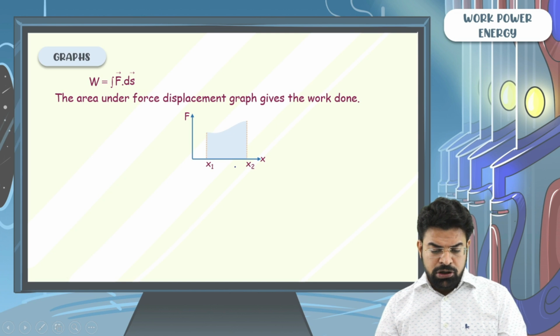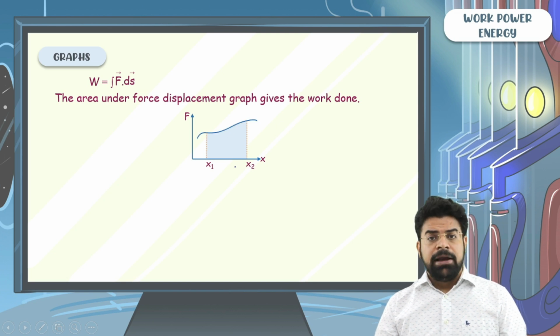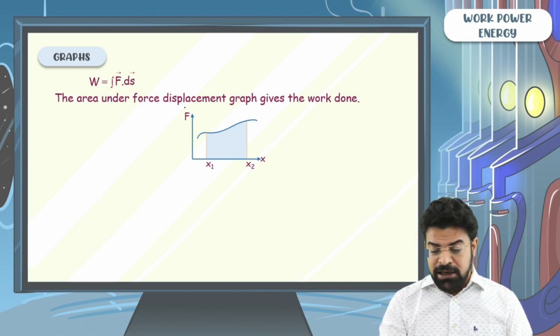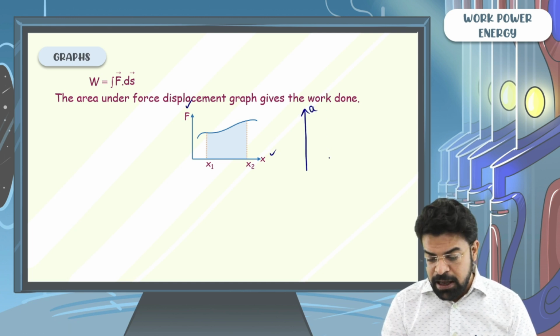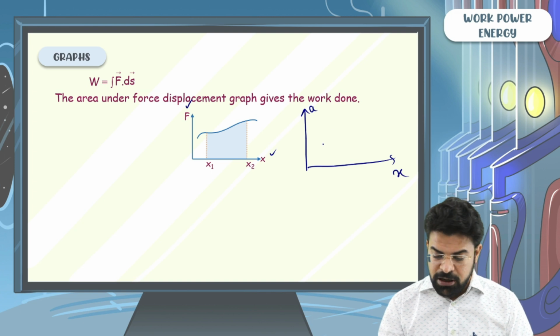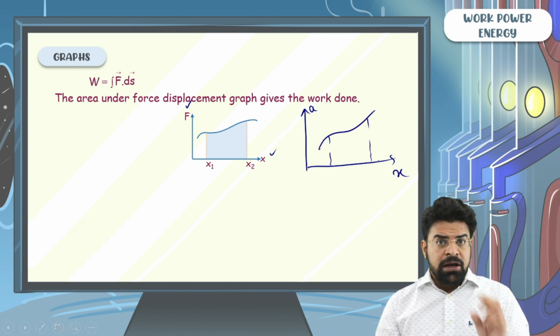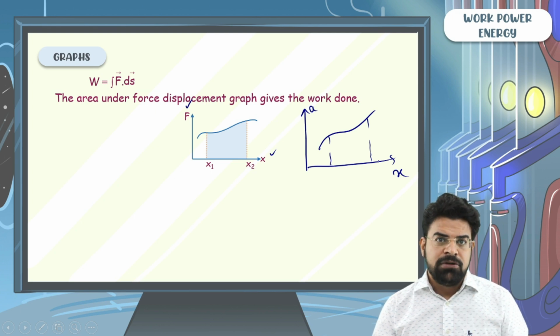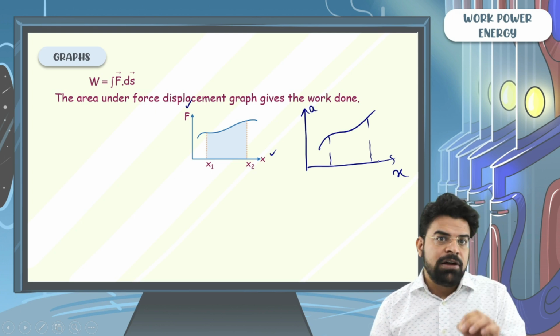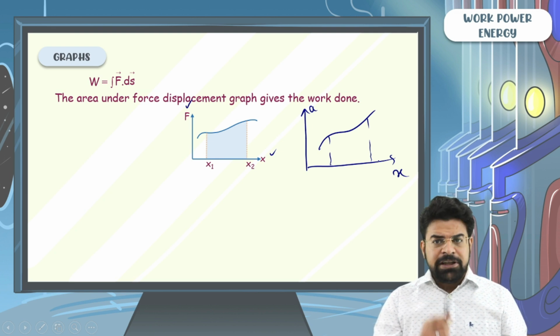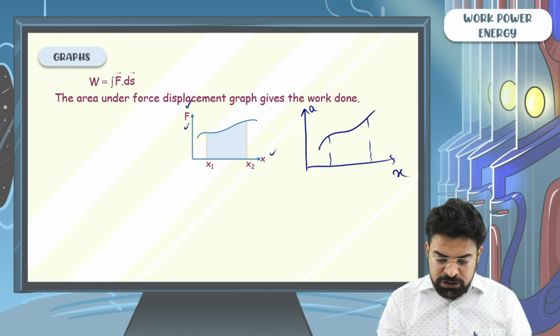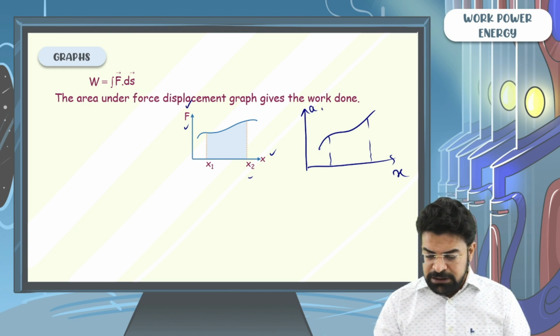So easy to remember. Next thing, many a time rather than giving you a force displacement graph, they will purposefully give you an acceleration displacement graph. So how do we find the work done using the acceleration displacement graph? The difference between these two graphs is that one is force displacement and one is acceleration displacement.